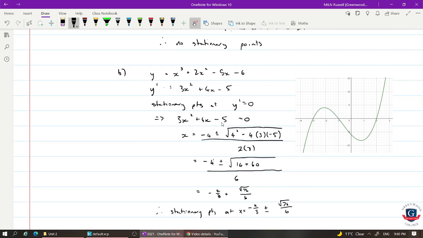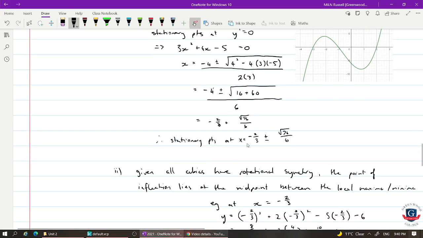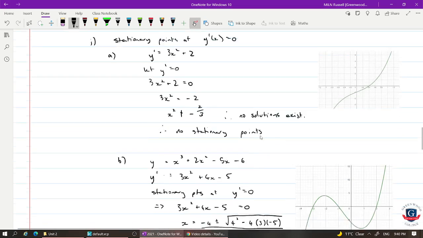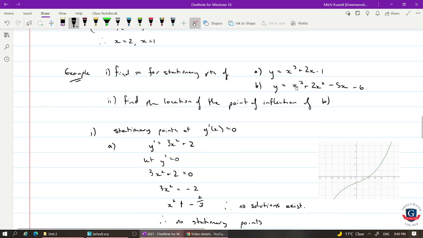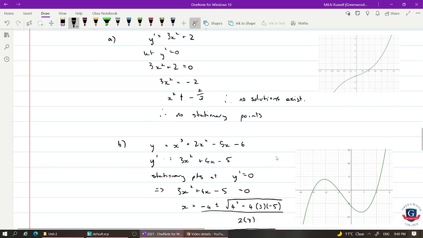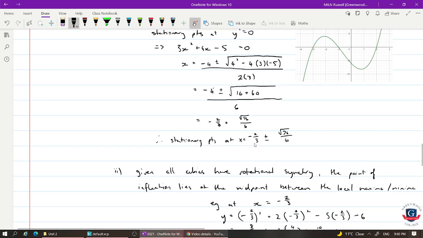There's no easy factors of negative 15 that add to 4. So I use the quadratic formula, which gives me negative 2/3 plus or minus root 76 on 6. So the stationary points are at x equals negative 2 on 3 plus or minus root 76 on 6. We would never be expected to substitute that back into this equation to find the y parts. For that equation, it would be too messy, but if it was in a calculator section, you would be expected to do it.